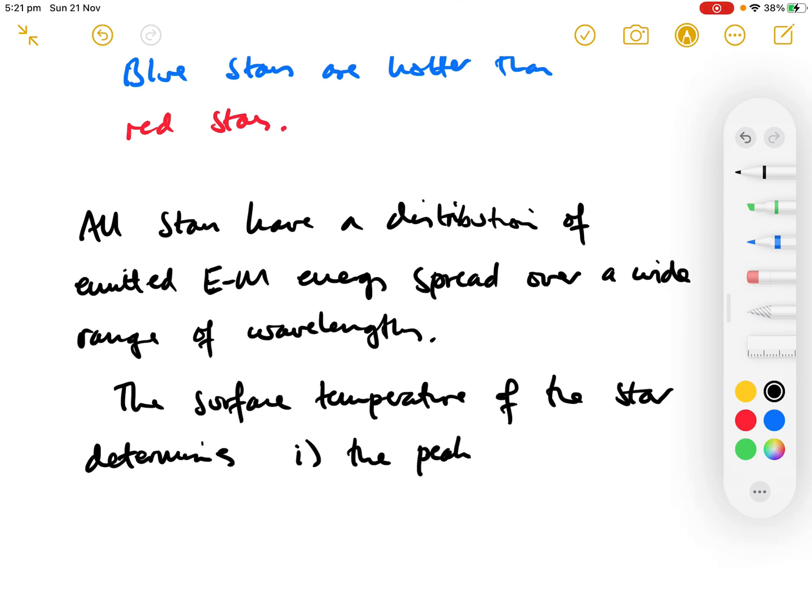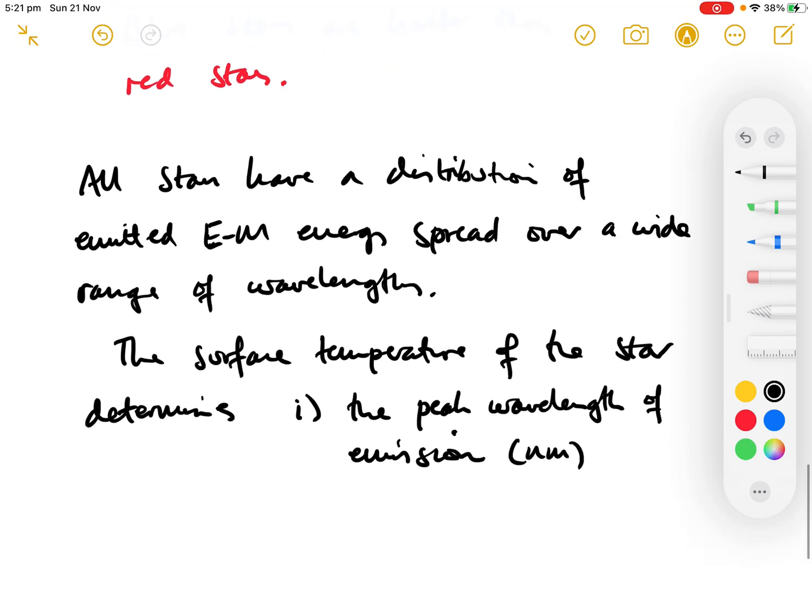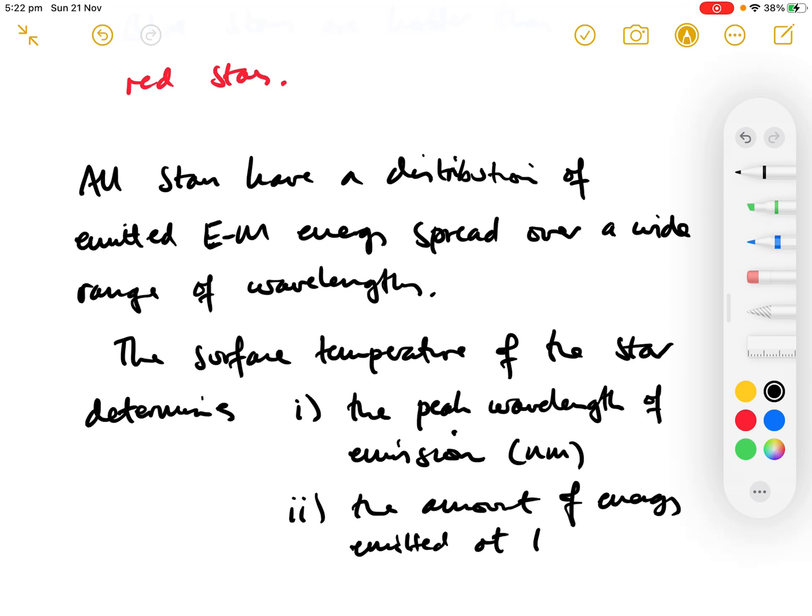One, the peak wavelength of emission in nanometers, and two, the amount of energy emitted at that peak wavelength.